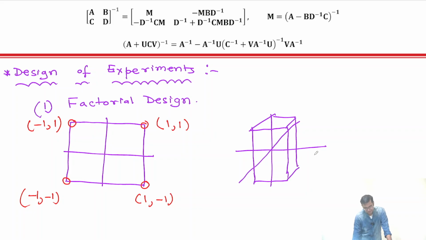Ignore the axis for now, but you can understand what this is, right? And you will get the 8 corners as your points. In n dimensions, with n input variables, how many points will you have? 2 to the power n, which is a big number. If I have 100 variables, 2 to the power 100 is a very big number.